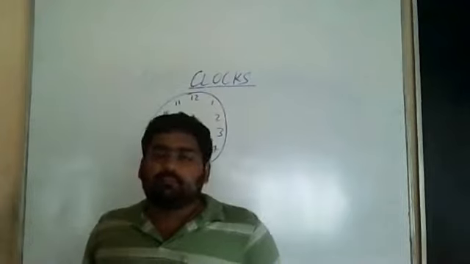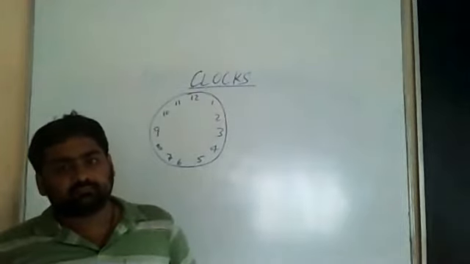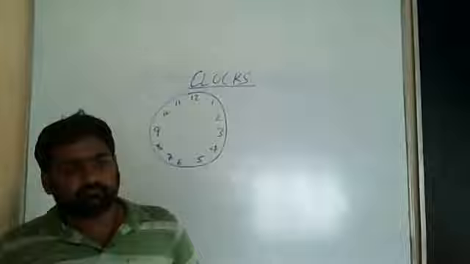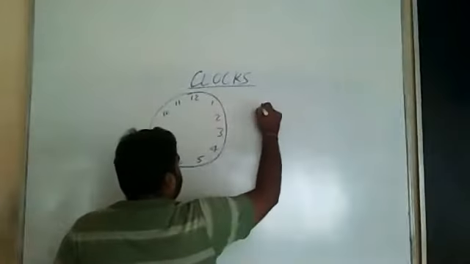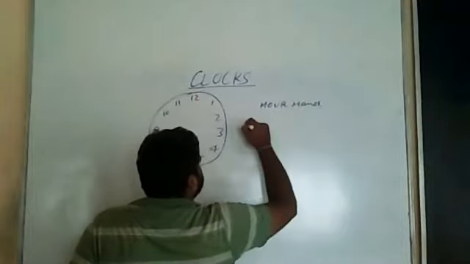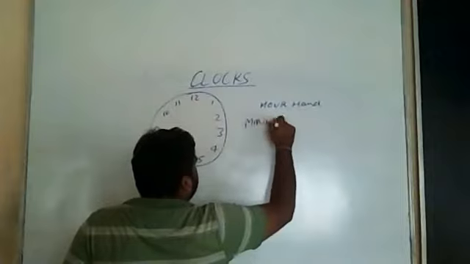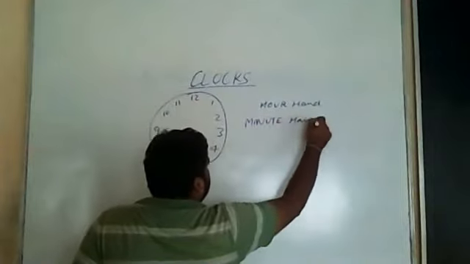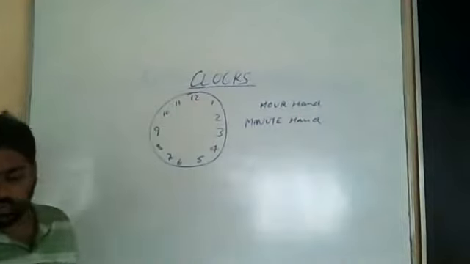And how many hands are there? Two. One is called the hour hand. Another one is the minute hand. We also have the second hand, but that is not important for us.